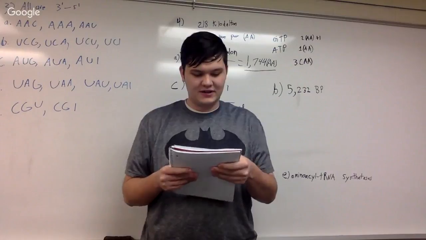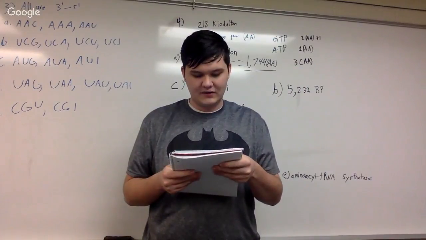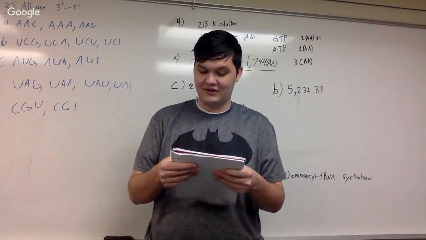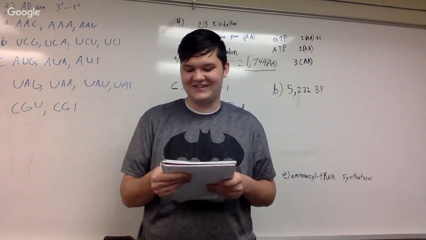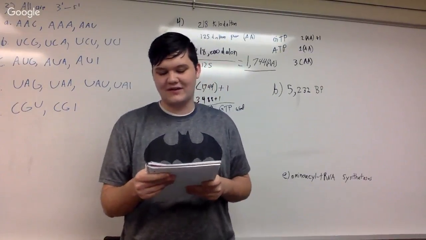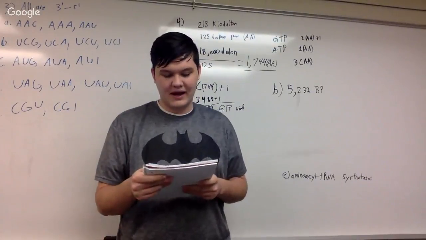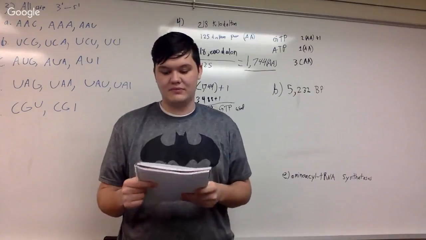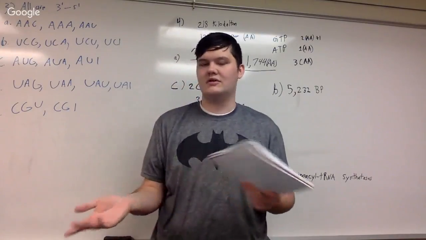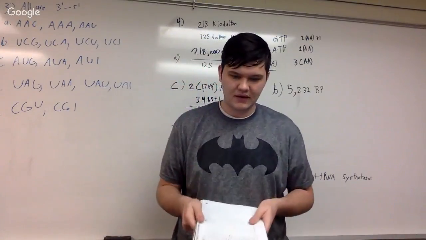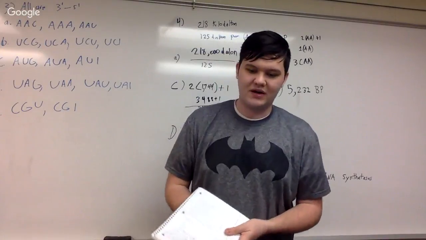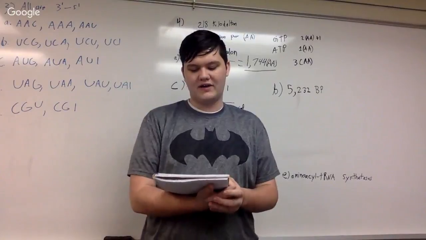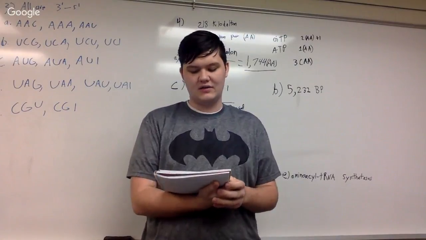We got EF-Tu, the lysyl-tRNA synthetase, that's really hard to say, EF-G, 23S rRNA, and 16S rRNA, again, because it does some proofreading during elongation. For C, which of the above is involved in termination? We got RF1 and 5' UGA 3'.